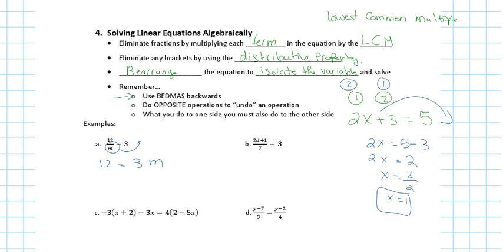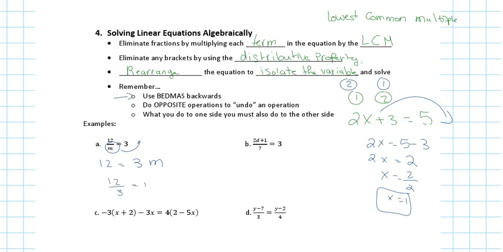All right. Now, I have 12 equals 3m. I want m by itself. What do I do? Divide by 3. Because you want to get rid of the 3 now, so you're going to bring it over. It's a multiplication here; when you bring it over, it becomes a division.